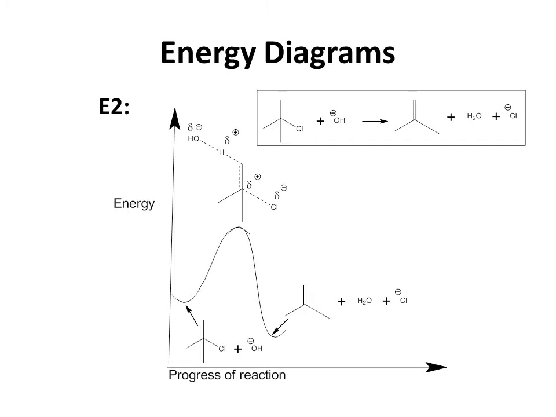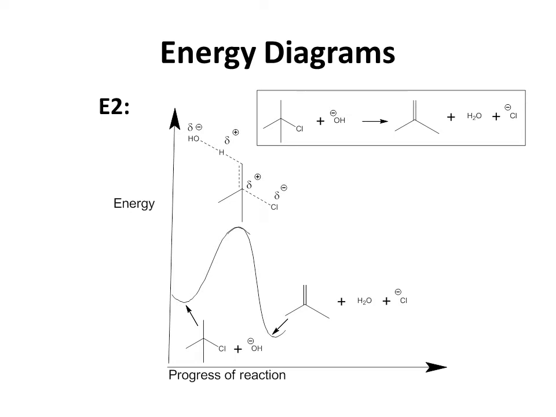And in that transition state, hydroxide has a partial negative charge as it's pulling off the proton, which is partially positive. That's the beta proton. The alpha carbon is partially positive. Notice there's a partial double bond forming, and there's a partial bond between that alpha carbon and the leaving group chloride, which is partially negative.